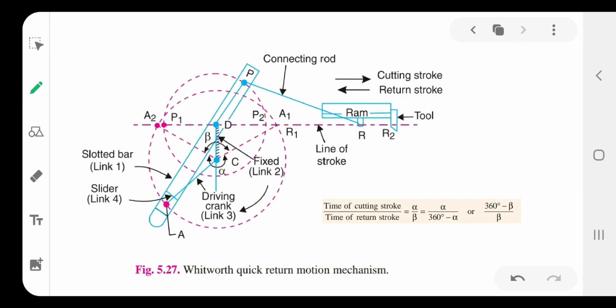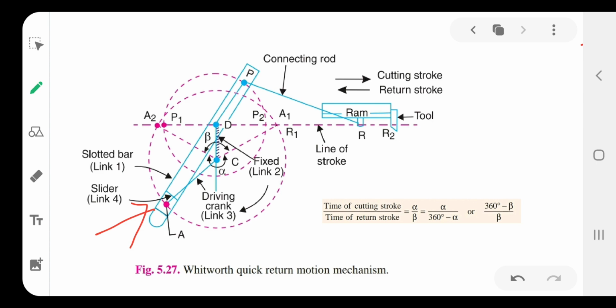Another inversion is the Whitworth quick return mechanism. In this also there is a slotted bar, link number 1, and link number 4 is a slider, the same as in the crank and slotted lever mechanism.